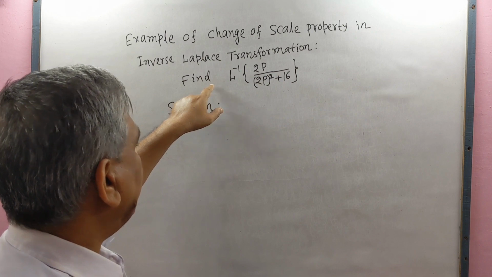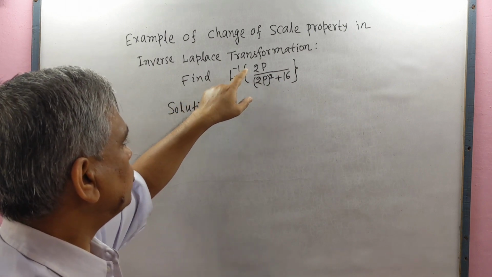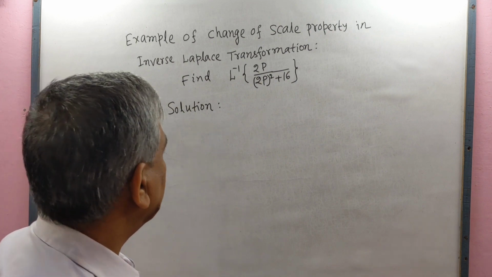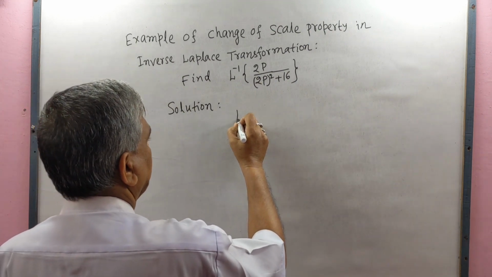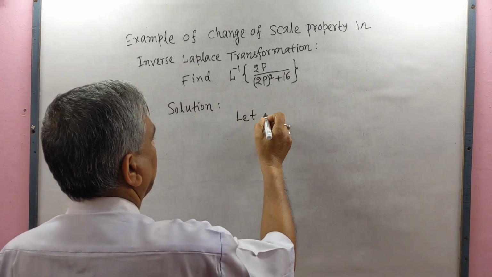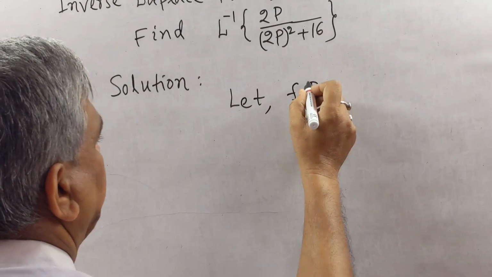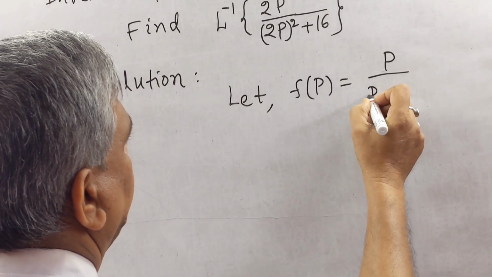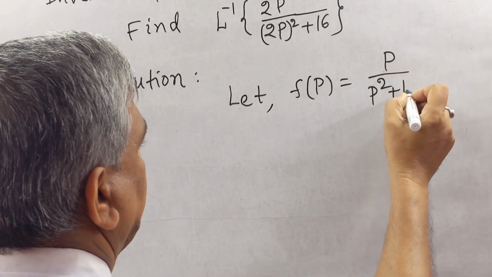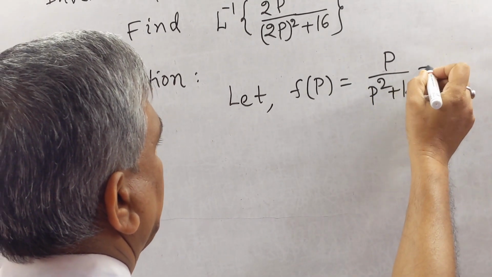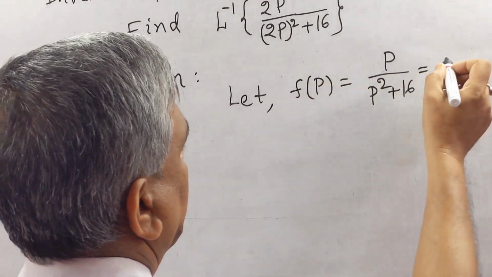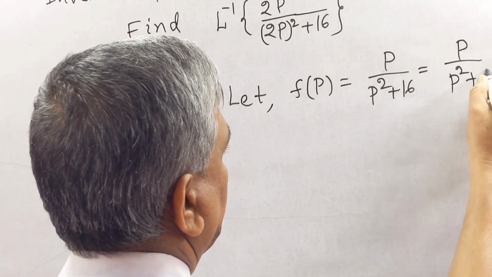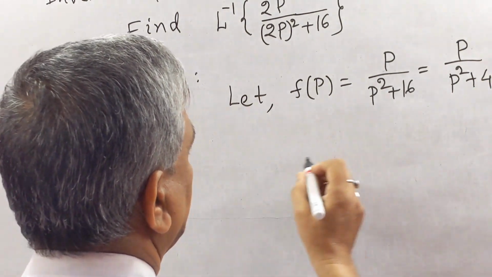Here the example is: find L inverse of 2p by (2p) square plus 16. Let F(p) equal to p by p square plus 16, equal to p by p square plus 4 square.